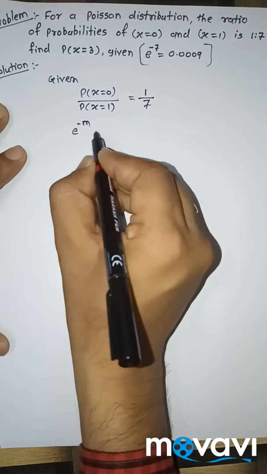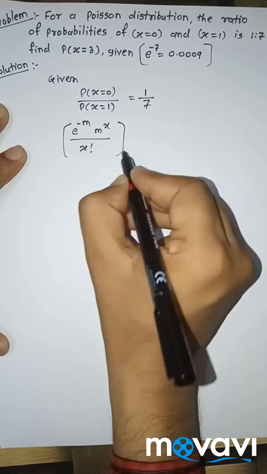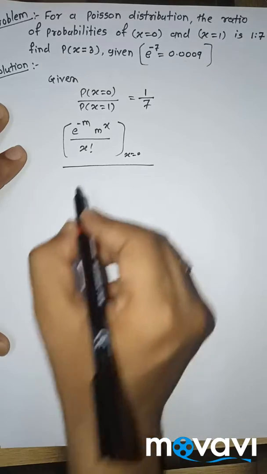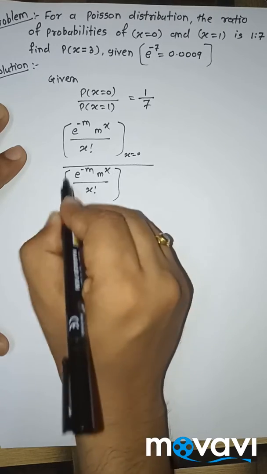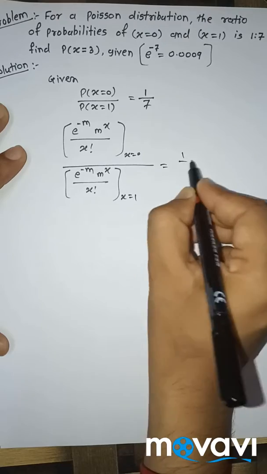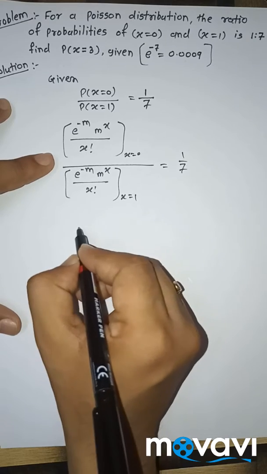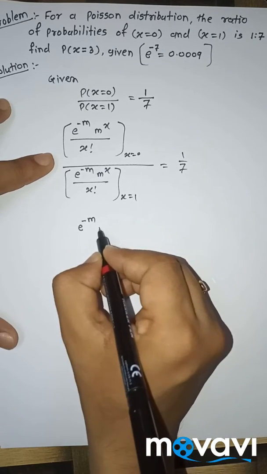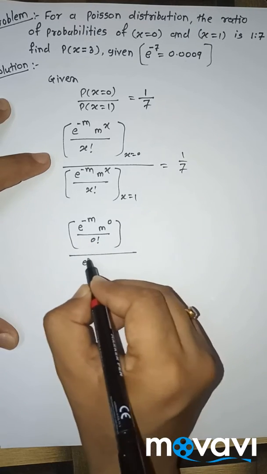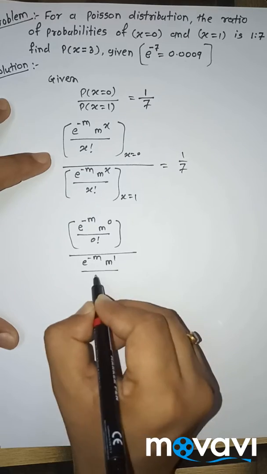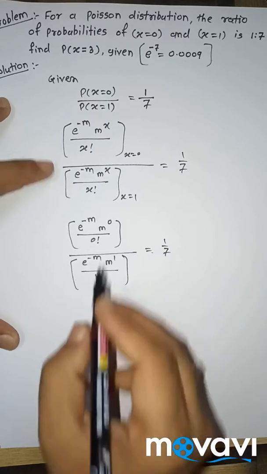e raised to minus m, m raised to x upon x factorial for x equal to 0, upon e raised to minus m, m raised to x upon x factorial for x equal to 1, is 1 upon 7. This is given. Put x equal to 0 here, put x equal to 1 here, we get e raised to minus m into m raised to 0 upon 0 factorial, upon e raised to minus m, m raised to 1 upon 1 factorial, is equal to 1 upon 7.